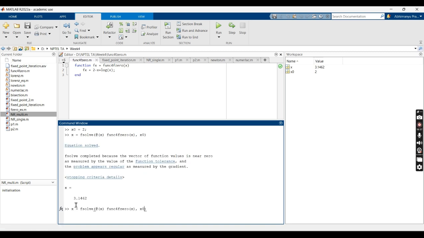If I give multiple outputs, I don't want to see the number of outputs, so I can use a tilde in place of that, and then write the next output. And in this case, let us see iterations and then Jacobian.